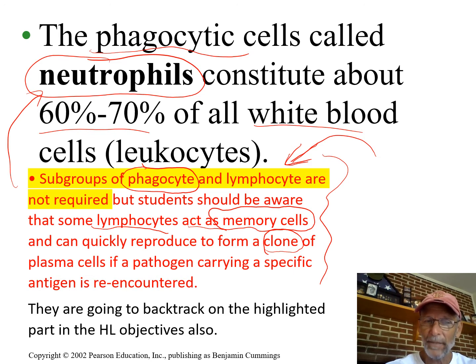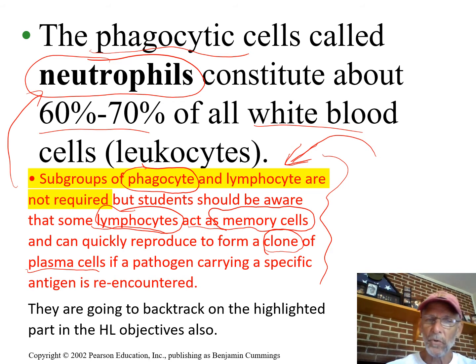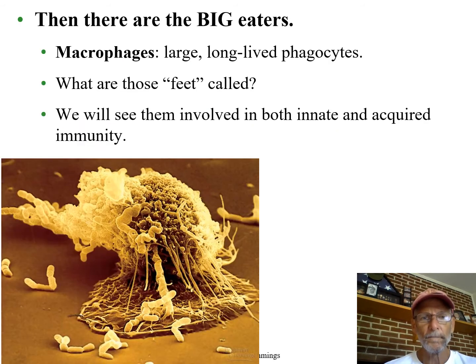Exact genetic copy, right? They're going to reproduce by mitosis, of plasma cells. Plasma cells are the kind of lymphocyte that are also known as B cells. They're the ones that make antibodies. I'm going to get to that more in a little bit, so I'm moving on.